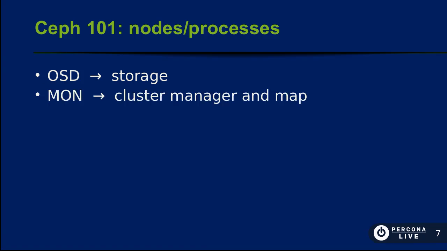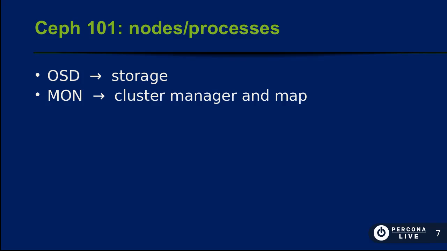So it's pretty cool. Node processes. So there's the OSD that handles the storage, the monitor, kind of cluster manager. So I don't know if there's people familiar with InnoDB cluster. So the OSD would be the data node, the monitor, the management node.